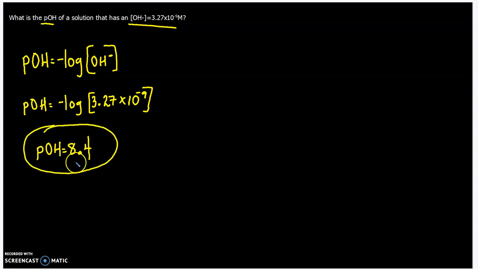Just like how I asked you last time, does this make any dang sense? Well, the pOH scale goes from 0 all the way to 14, and right in the middle is 7. Is 8.4 between 0 and 14? I would say so. It's probably right there.